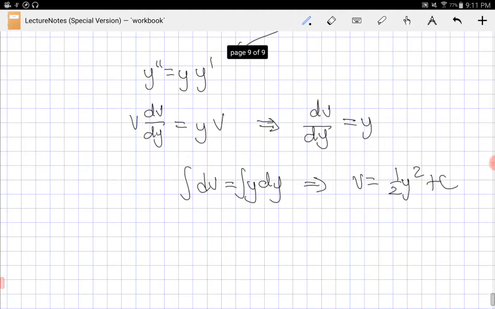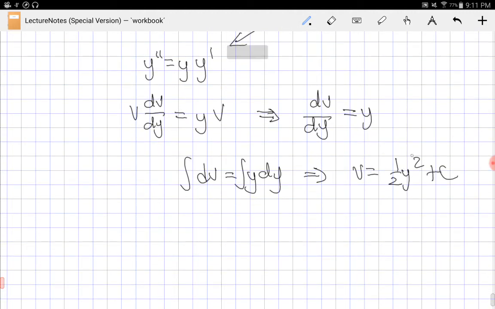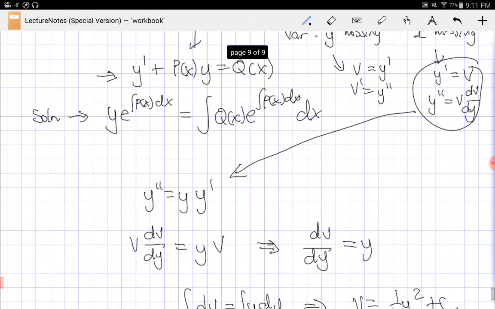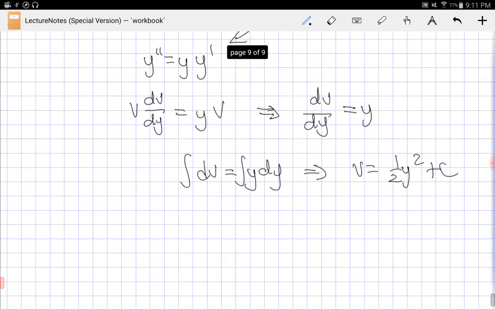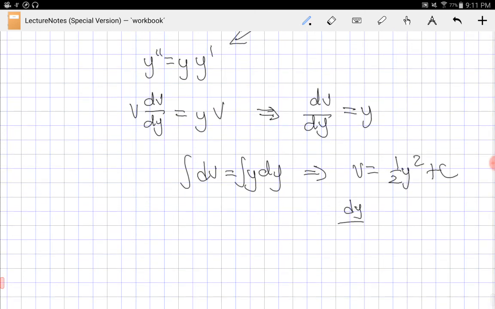So unfortunately we're not done at this point because we want our equation to be in terms of x and y. So let's substitute v back for y prime, which we can also write as dy/dx equals half y squared plus c.